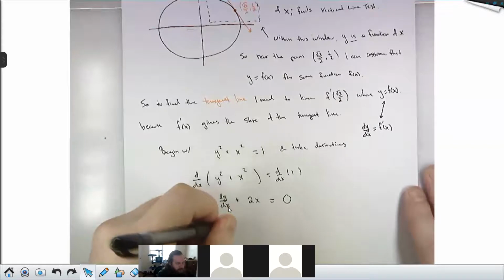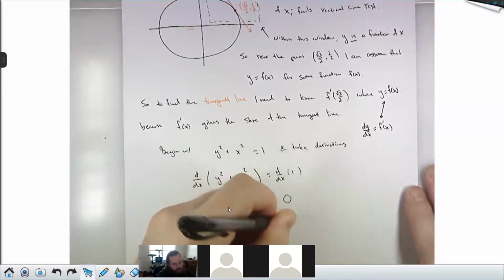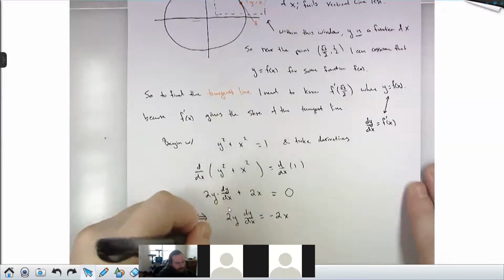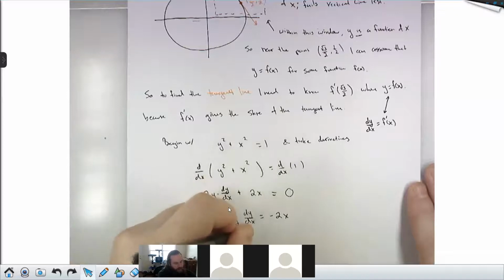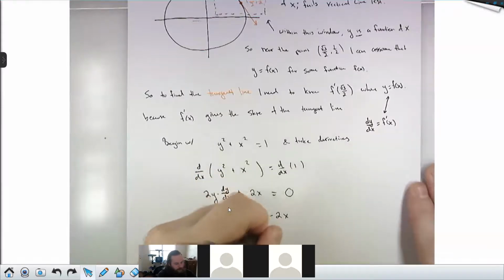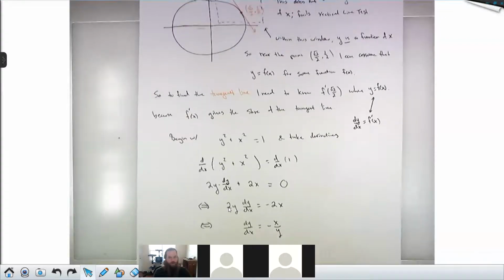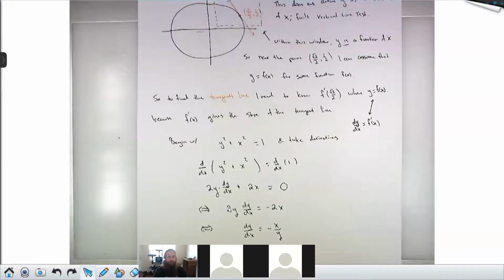So this is the same as saying 2y times dy dx is equal to negative 2x, which is the same as saying divide both sides by 2y, that dy dx is negative 2x over positive 2y, which is negative x over y. Is everybody with me so far?